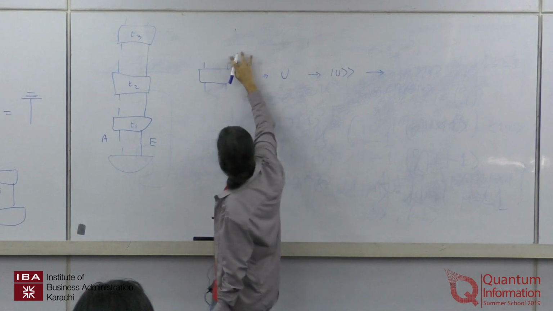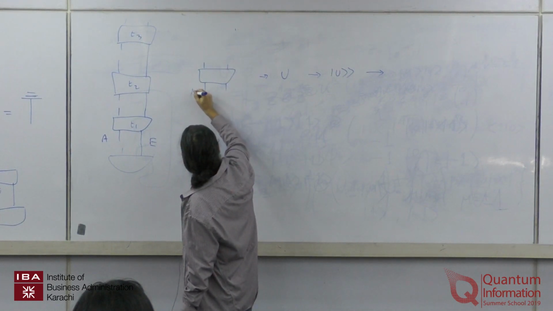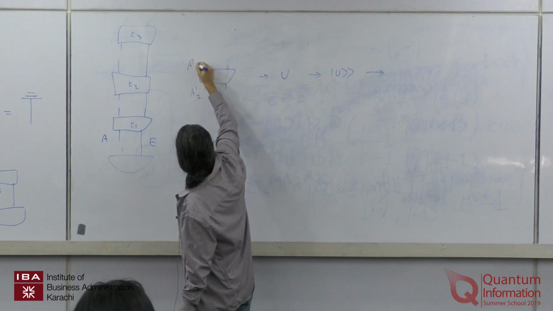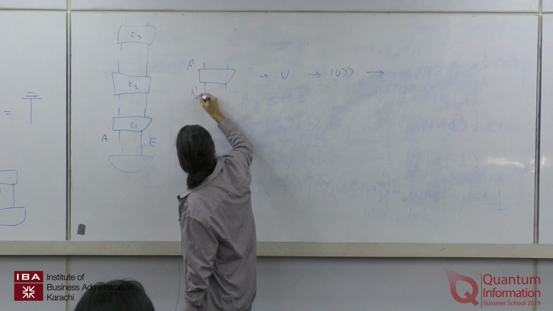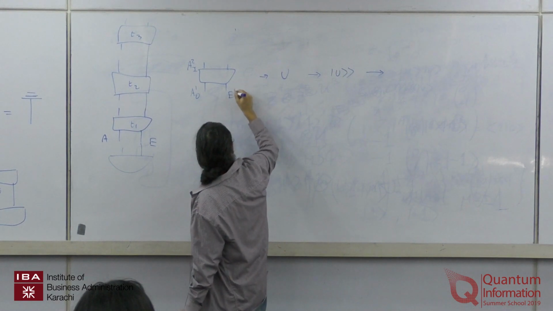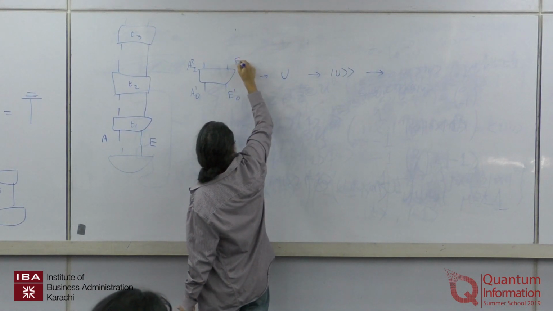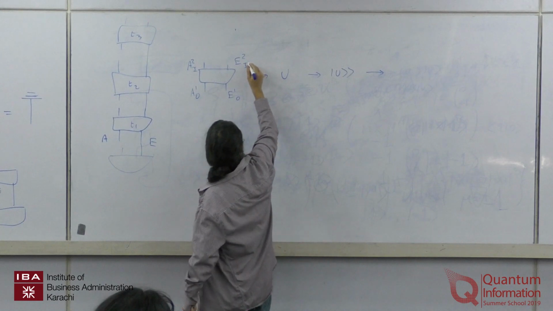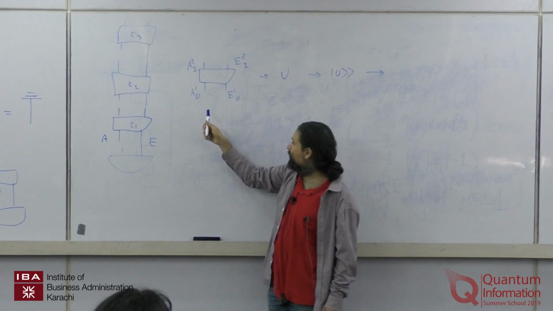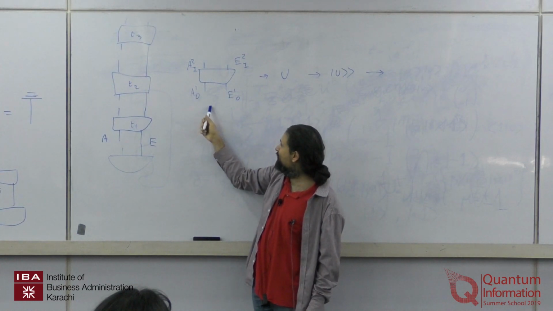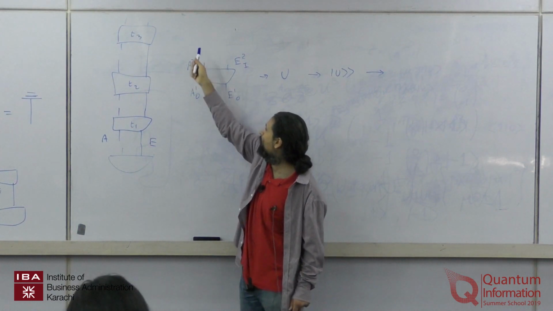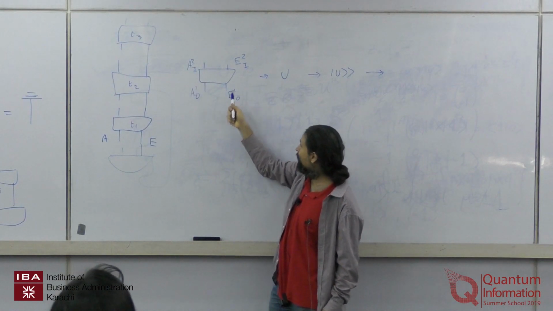So let's put some labels here: A1I, A2, sorry, O, I, E1O, E2I. These are just labels to keep track of things, but remember the idea behind the labels: this is the output of the first laboratory, this is the input of the second laboratory, and these are some environment labels.